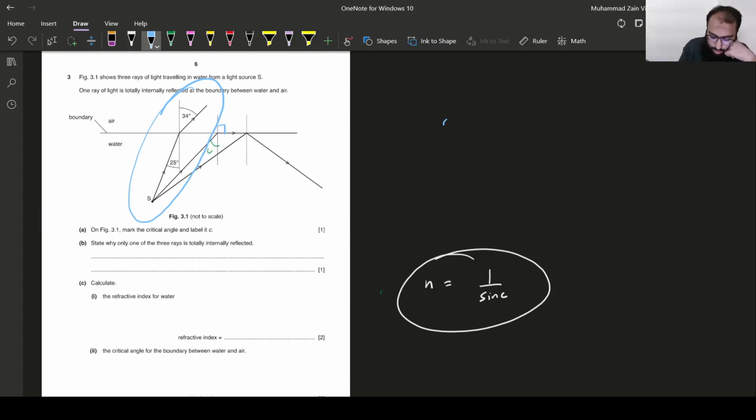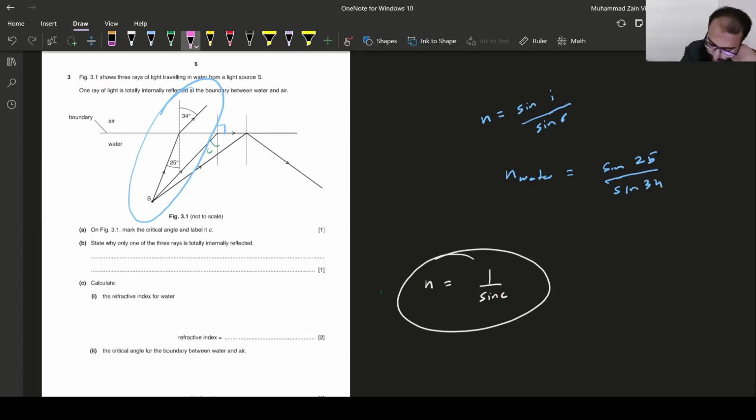I can't simply say that n equals sine i over sine r. The formula is this, but I can't say that n for water is equal to sine 25 over sine 34. This would be incorrect.